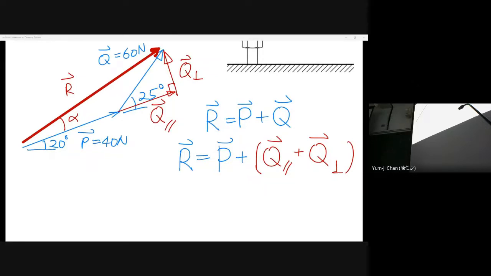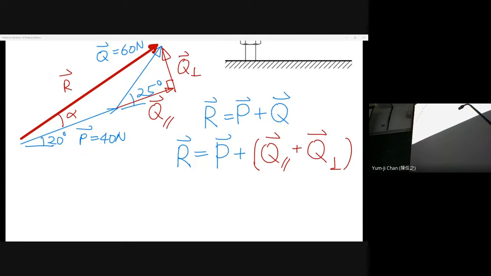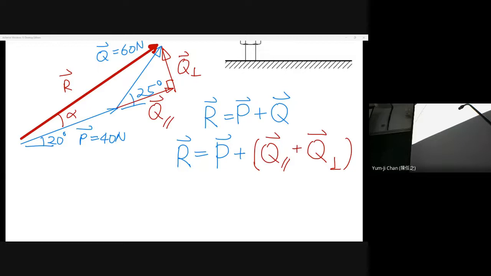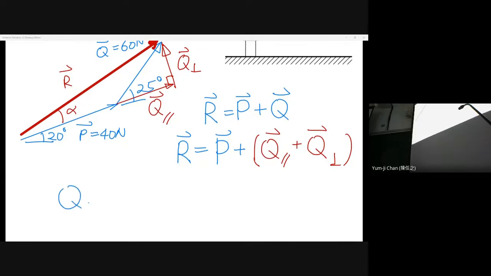So we need to know P is 40 Newton. The next thing we want to know is what are the magnitudes of Q parallel and Q perpendicular. Let's have Q parallel first.